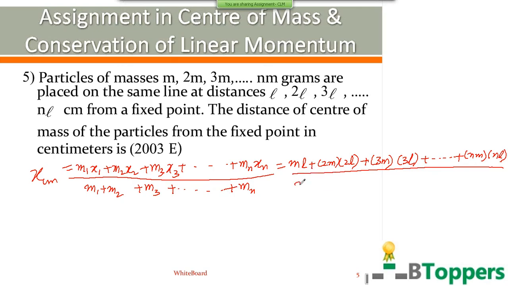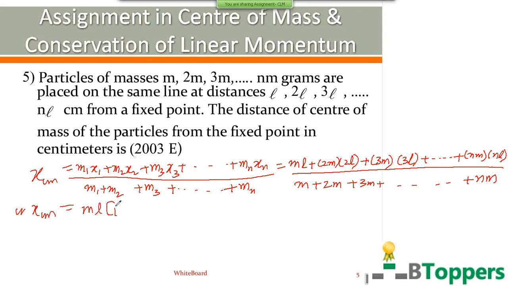So units of mass get cancelled here. m1 plus m2 will be 2m, m3 is 3m, up to mn equal to nm. You can take common factors in the numerator: take m into L common outside.